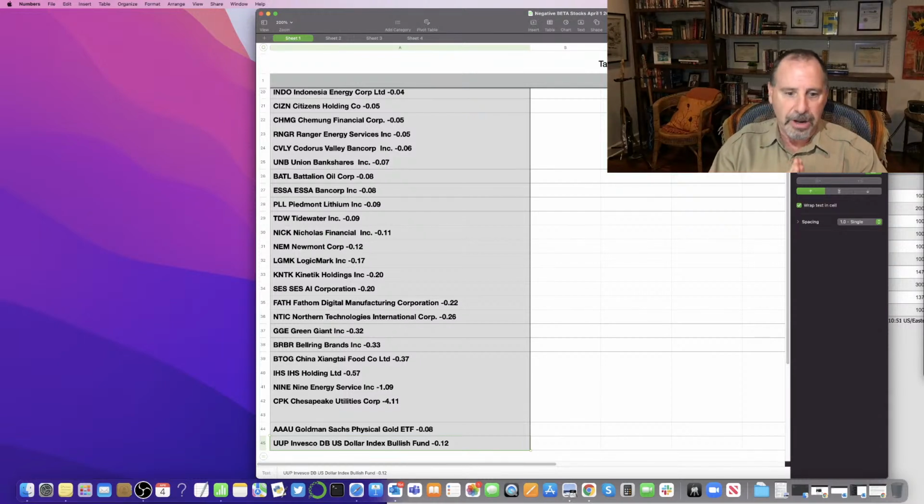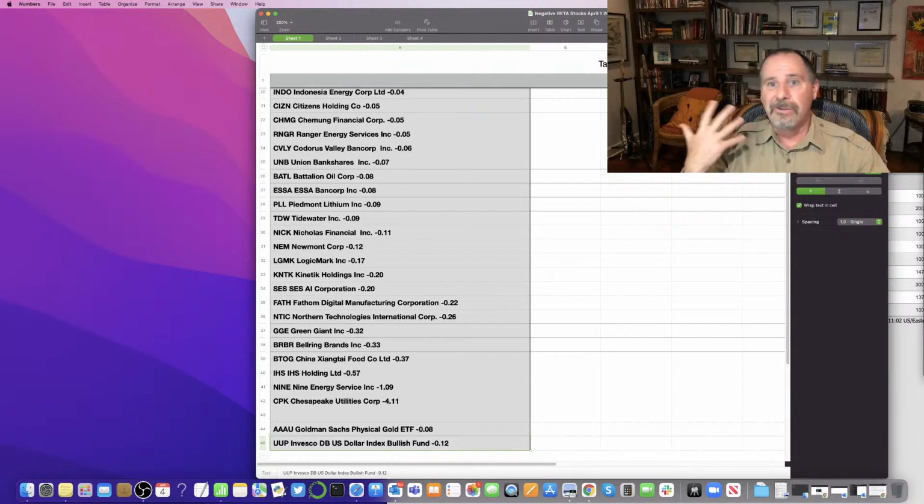These are US listed companies. When the dollar is strong, it's hard to export product to other countries because you bill in dollars. Dollar strong, hard for other countries to afford your products. So it gets a little tricky.